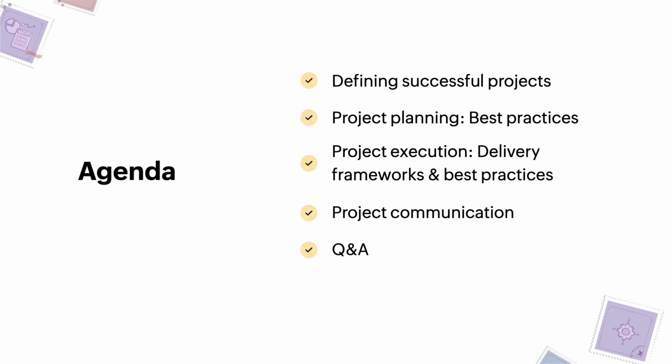Next, these next two are kind of grouped together: project planning and project execution. What are the different best practices and the best delivery methods and frameworks depending on your team size, depending on your time frame? We're going to go into each of these and what to do, what not to do, and how to best not get fired.